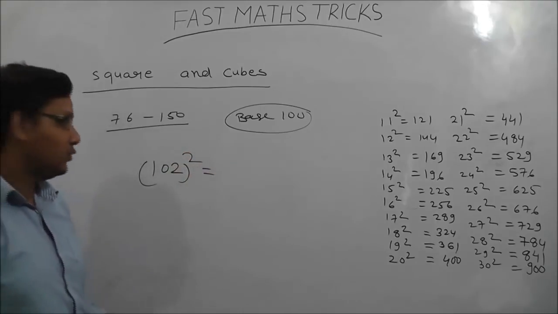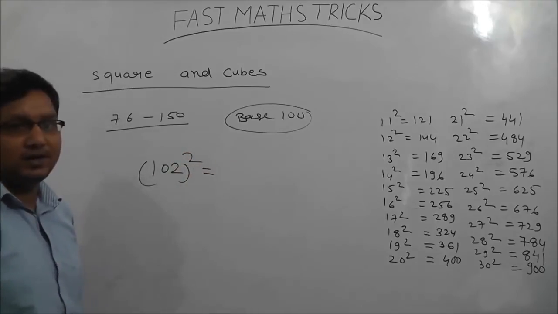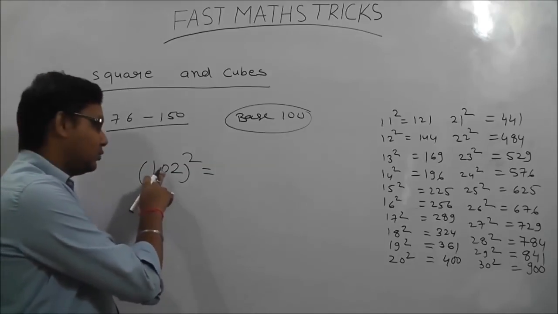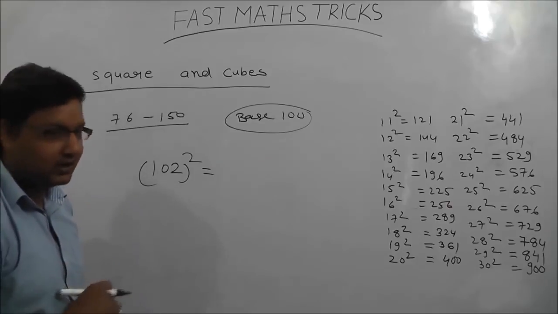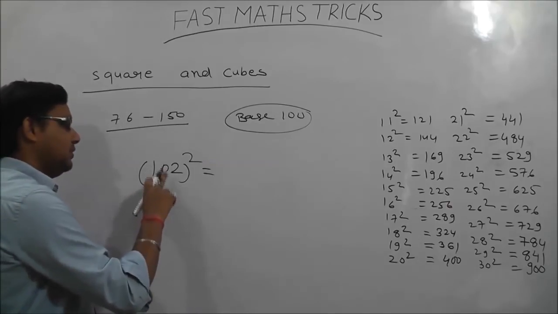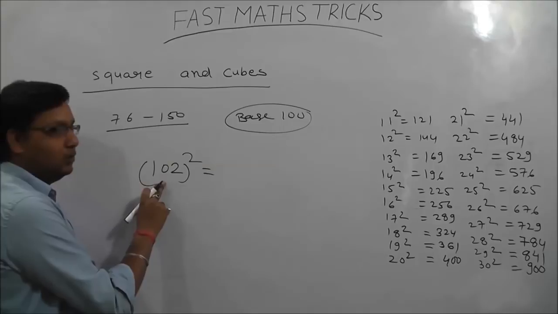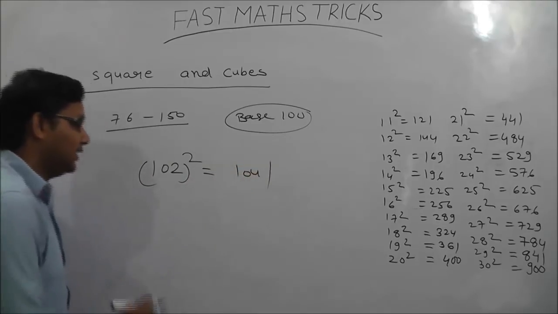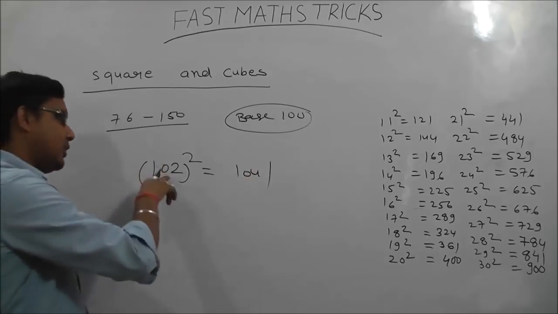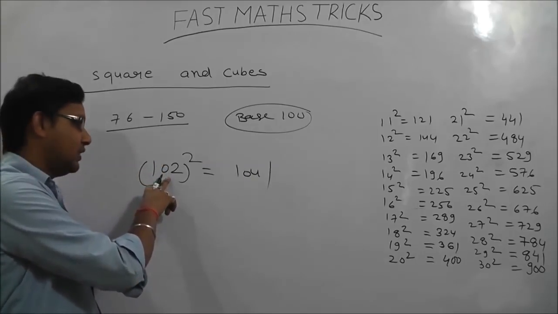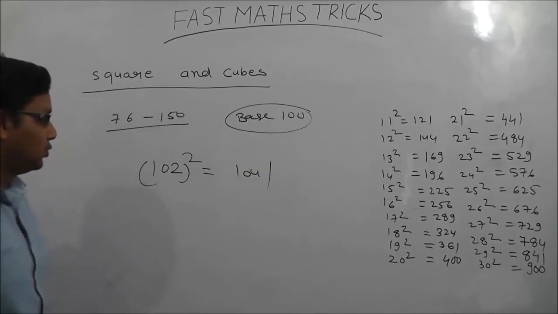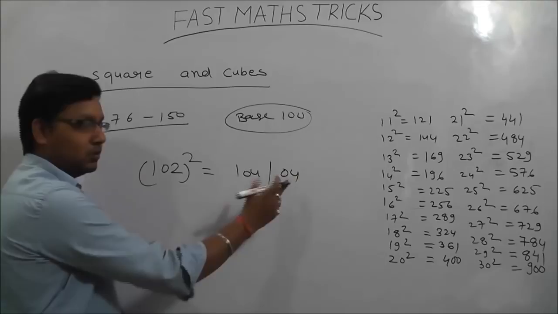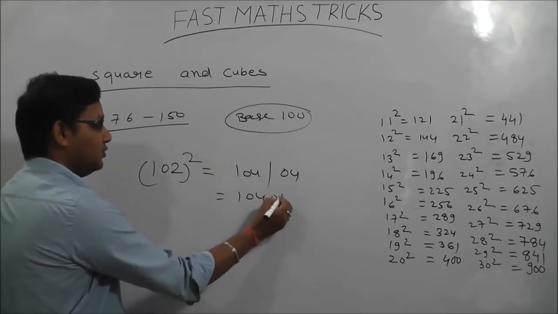It is 2 more than 100, so we have to add 2 to this value only. So 102 plus 2 will be 104. This will be your first part. It is 2 more than 100, so 2 square is equal to 4. So the answer will be 10404.